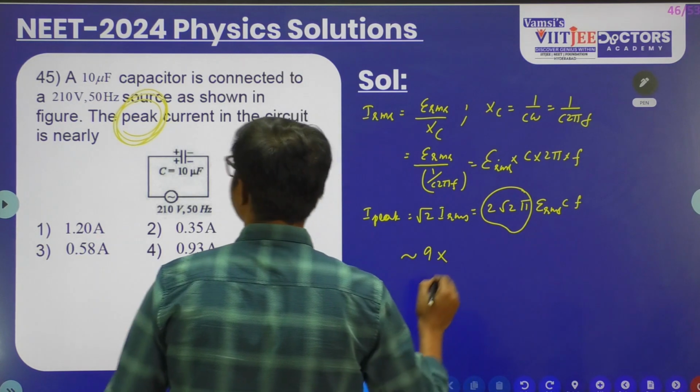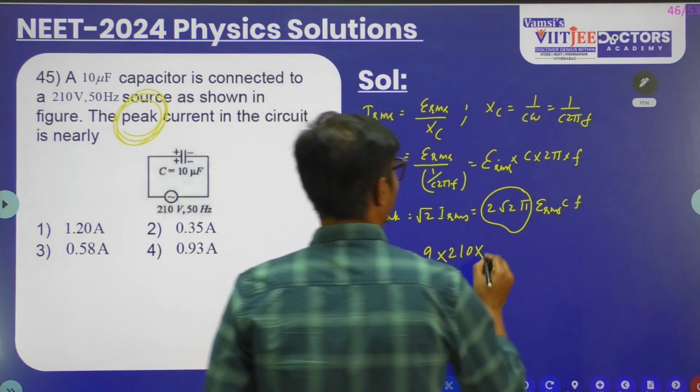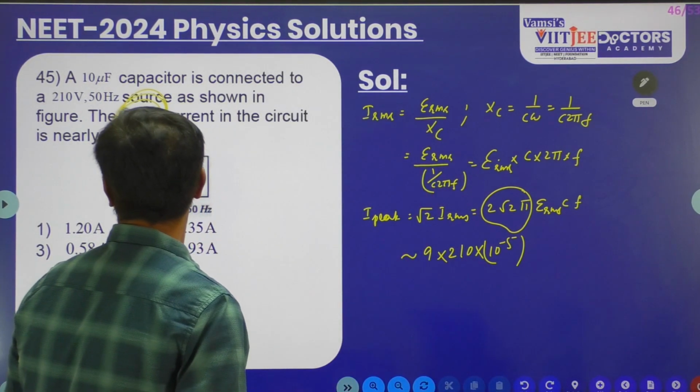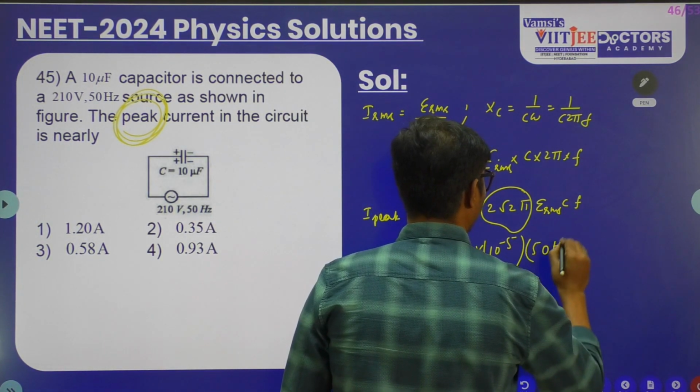And E_RMS, how much? 210. Capacitance, how much did they give? 10 power minus 5, 10 microfarad. Frequency is 50 hertz. So that's what you have here.